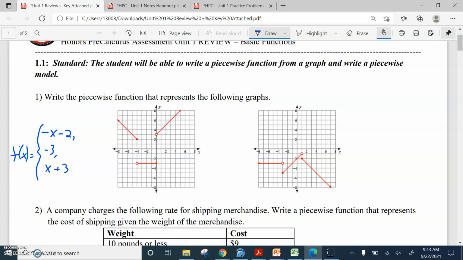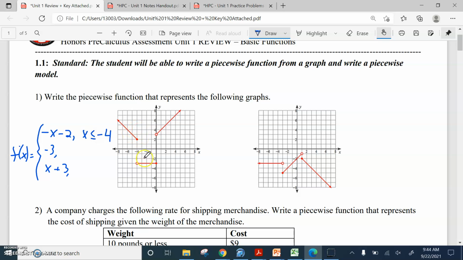Now when we look to see the domains, the first function here is valid only until -4. It includes -4 because it's a solid dot. So that would be domain of x less than or equal to -4.